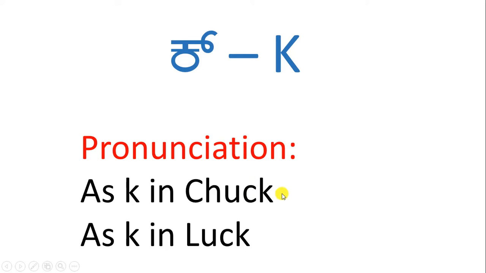But how do you pronounce only this k in Chak? It is something like k, not ka, it is k. We are abruptly ending the word. Or it is the small k in luck. How do you pronounce the k in luck?